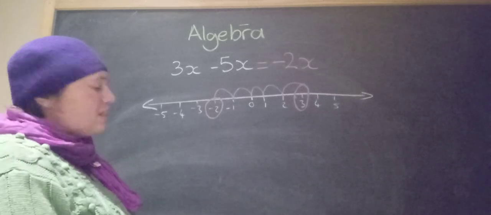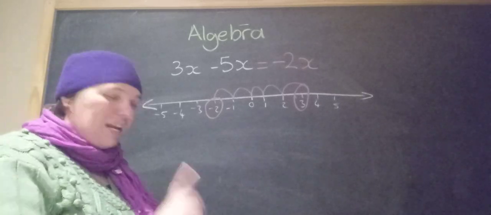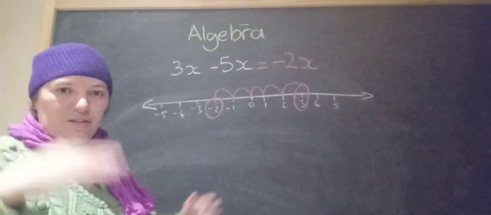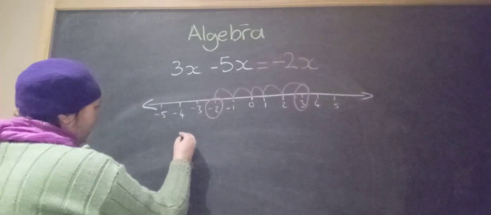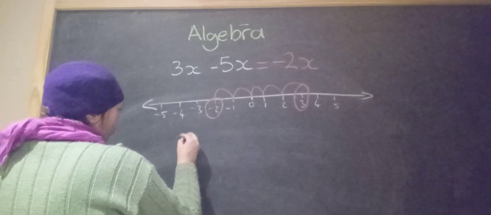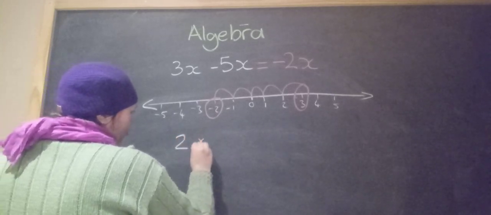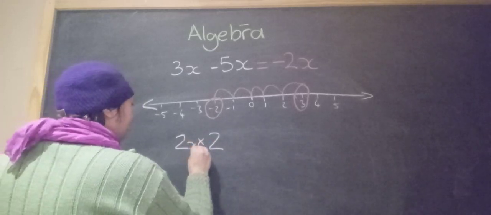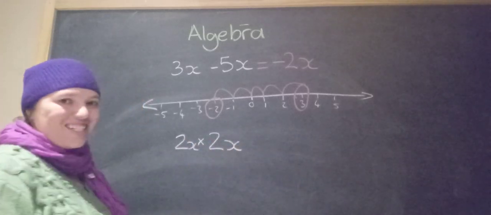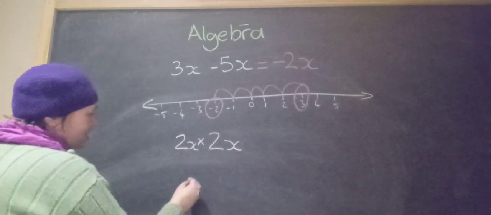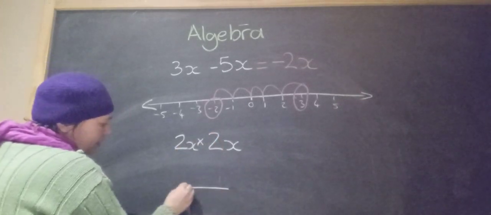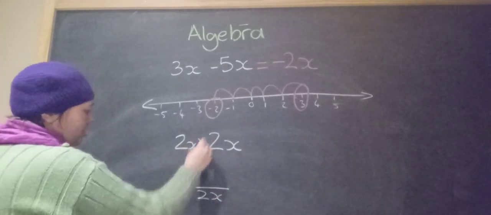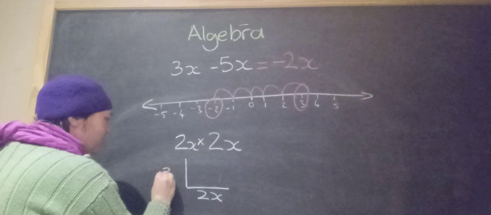If we're looking at multiplication, like I briefly said before, we're looking at dimensions. So if we've got 2 times 2, let's put an x in there for good measure, 2x times 2x. What this means is we've got 1 2x, and on a different dimension, we've got another 2x.